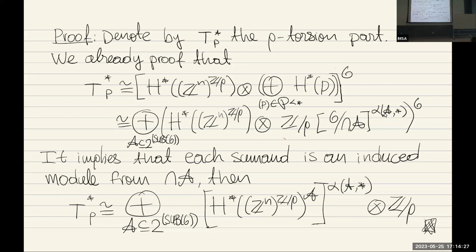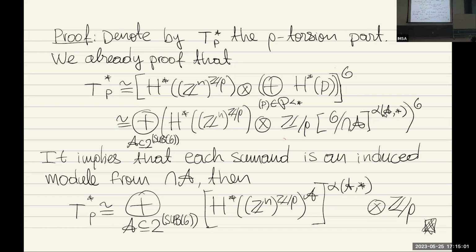Then the fixed points of these modules really are isomorphic to the A. Sorry, here is the intersection of A. It is the fixed point group of this part of the cohomology of the torsion free part, invariant by this intersection.